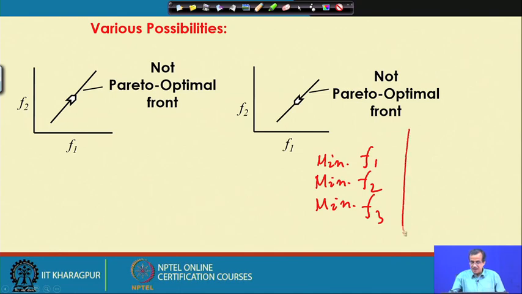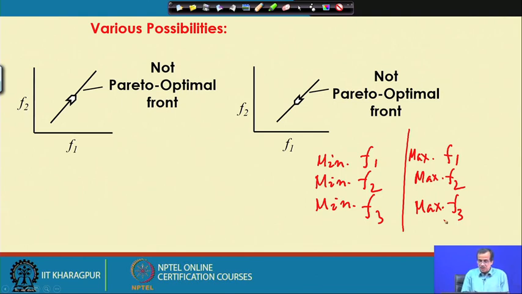For example, I can write down maximize F1, maximize F2, maximize F3. So, either we can state it as a minimization problem or as a maximization problem, and supposing that the objectives are such that they are fighting with each other.